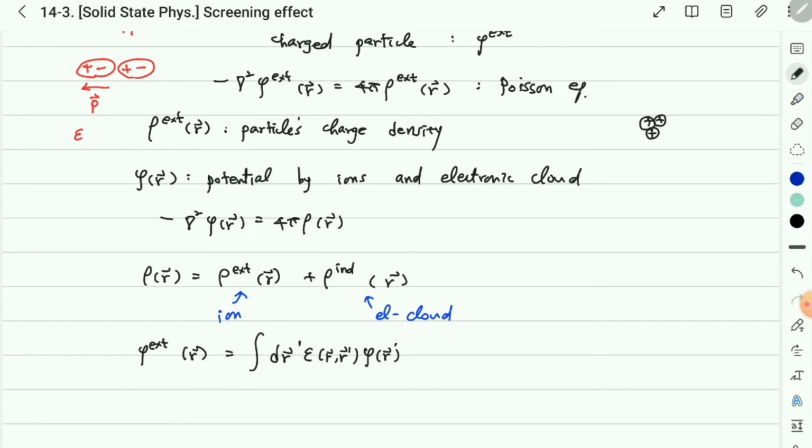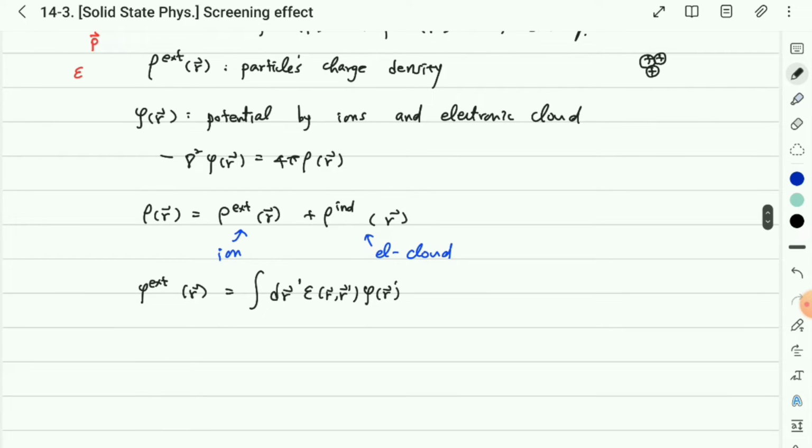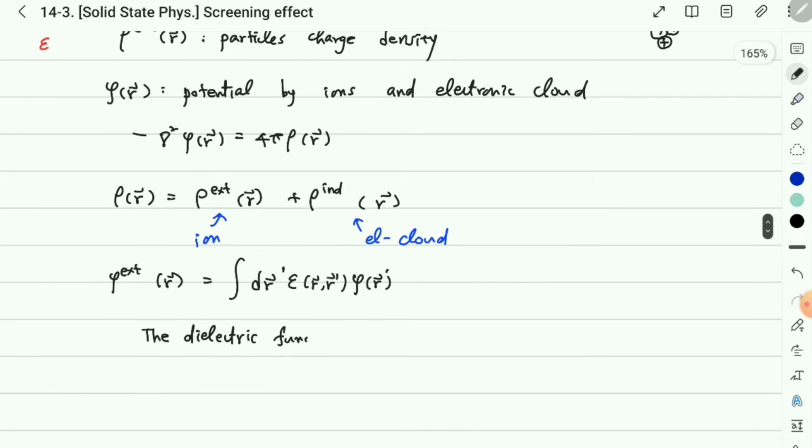Then it is the ionic potential, and here this dielectric function is for a uniform electron gas, and epsilon of r and r prime is epsilon of r minus r prime.